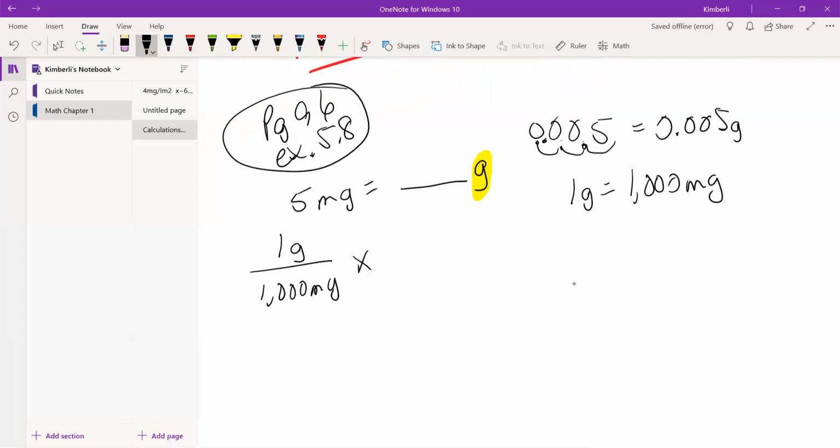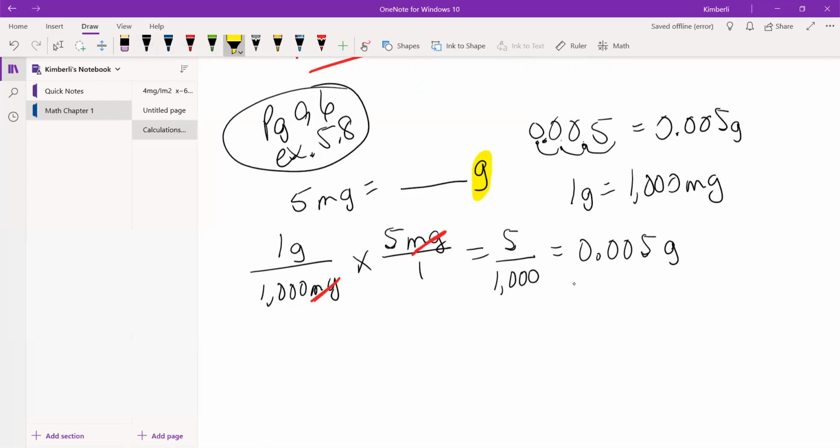And then I'm going to multiply it by what I have, which is 5 milligrams, and I'm going to put it over 1 to make a fraction out of it. What I don't want is always going to cancel out. And this gives me 1 times 5 on top, which is 5, and 1,000 times 1 on the bottom, which is 1,000. 5 divided by 1,000 is 0.005, and that's going to be grams.